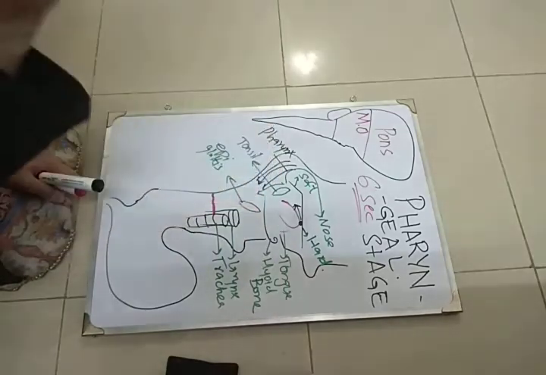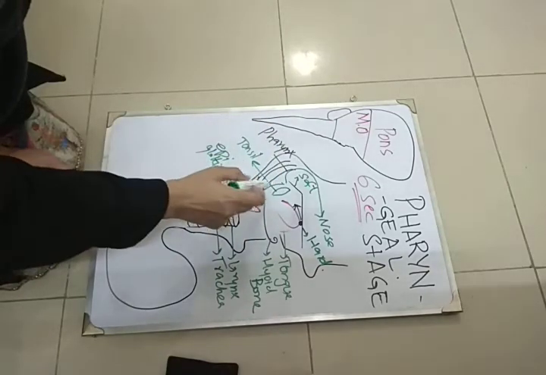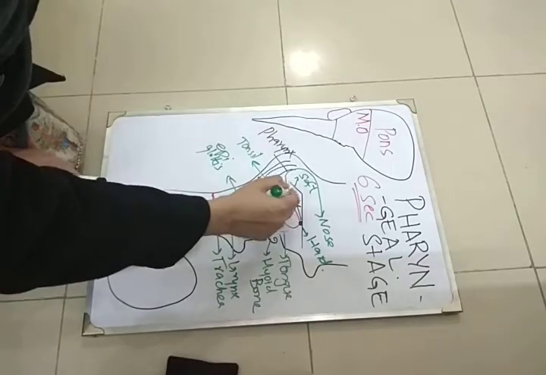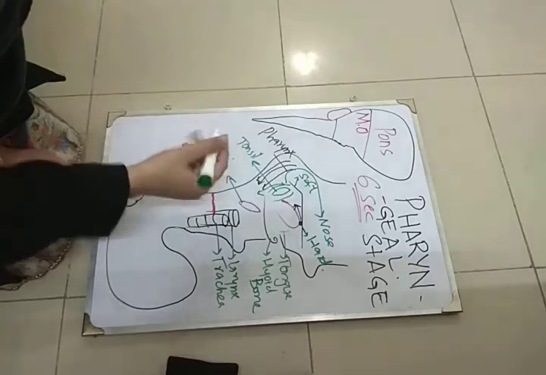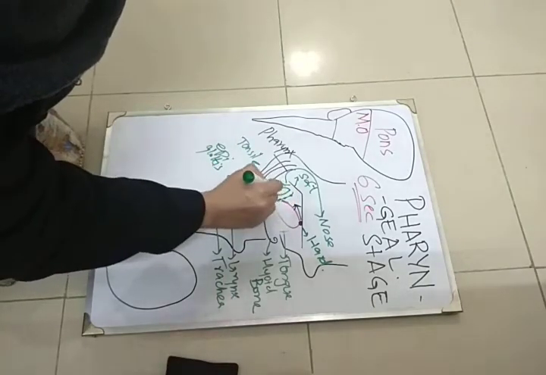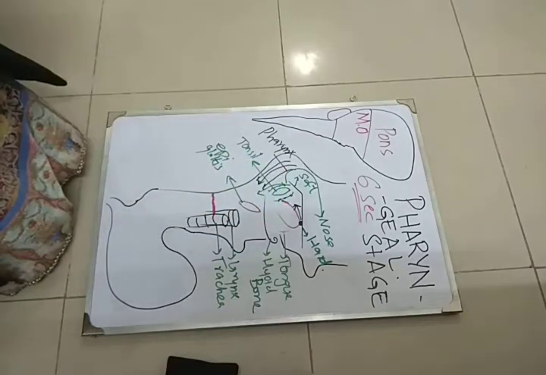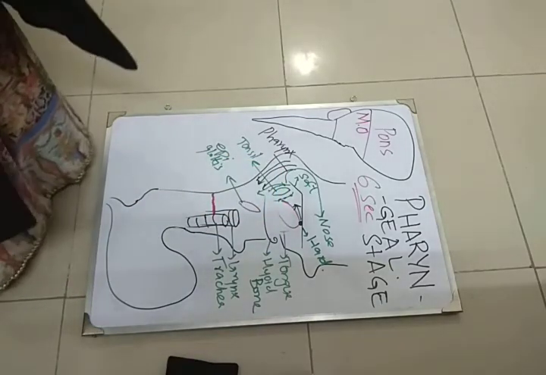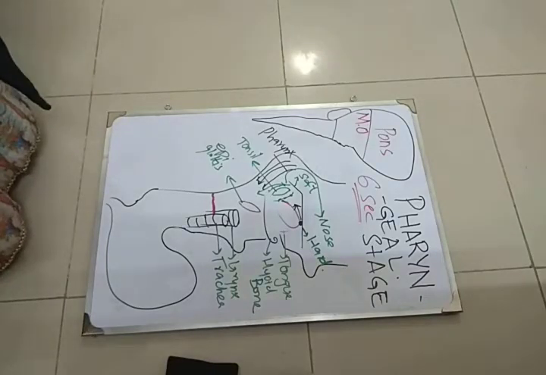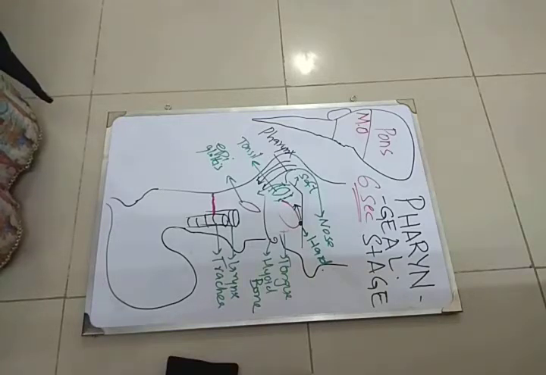On its journey, it will encounter the tonsils, and the area around the tonsils is called the tonsillar pillars. These tonsillar pillars are rich in epithelial swallowing receptors. These epithelial swallowing receptors send signals to the brainstem.